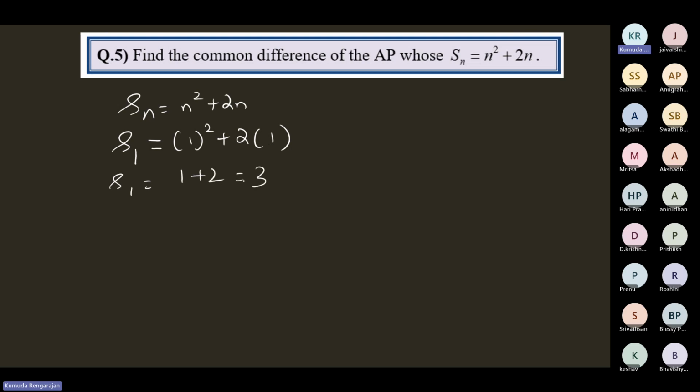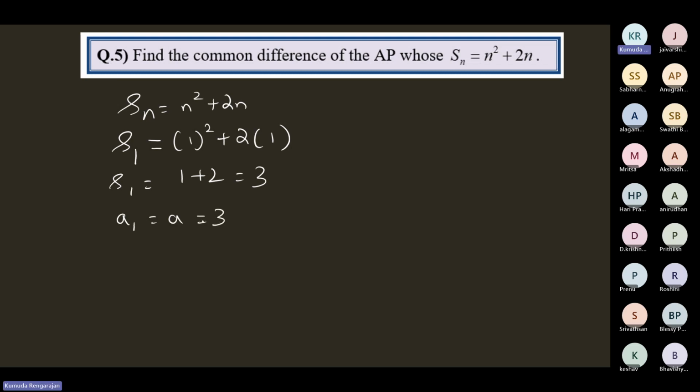What do you mean by S1? S1 is the sum to the first one term of an AP, which is the first term itself. So S1 is nothing but A1 or A, which is 3.